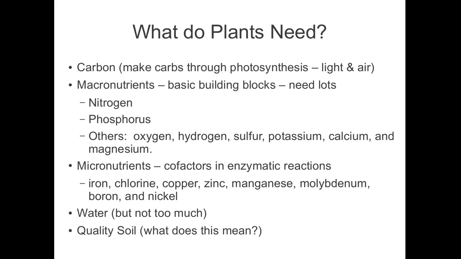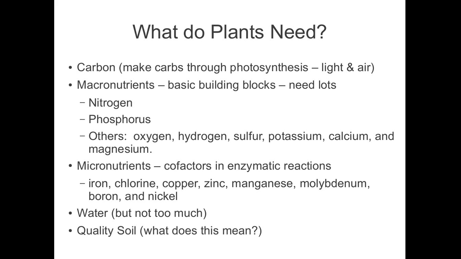But notice that there are a whole bunch of other macronutrients as well, notably potassium. Most fertilizers will have nitrogen, phosphorus, and potassium in them. There's also a bunch of micronutrients, which we won't really talk about much today. But while plants only need them in small amounts, they are just as necessary as the macronutrients.